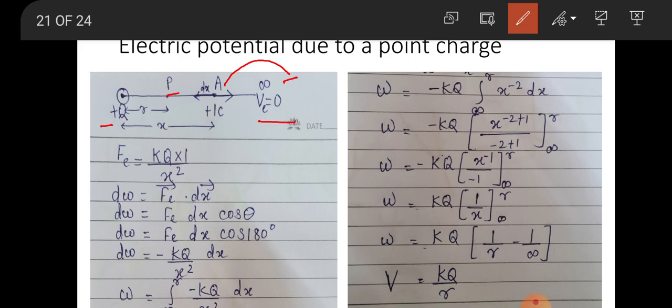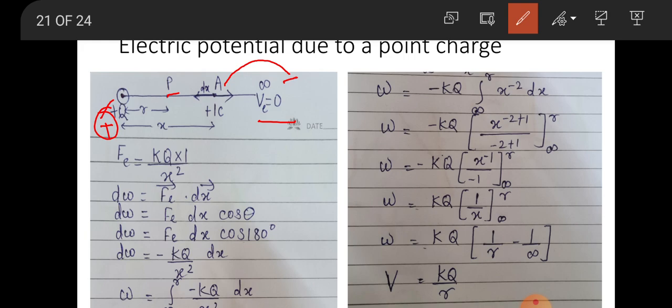The first charge is our source charge, this one, which is a positive charge. Now the other charge which is at infinity, we have to bring to point A, and the distance between the source charge and the point A is x.